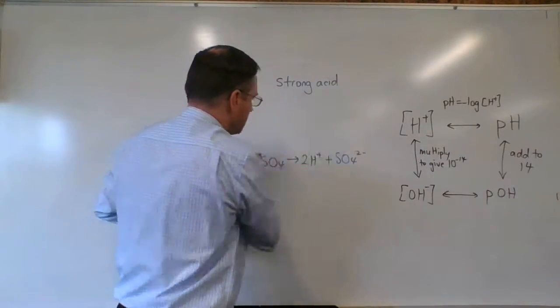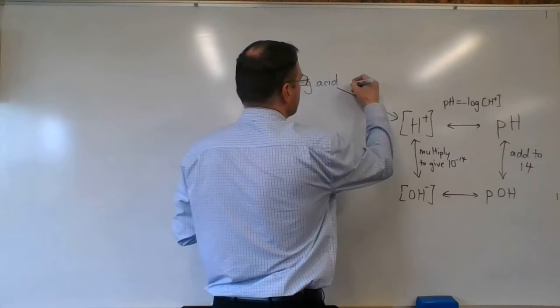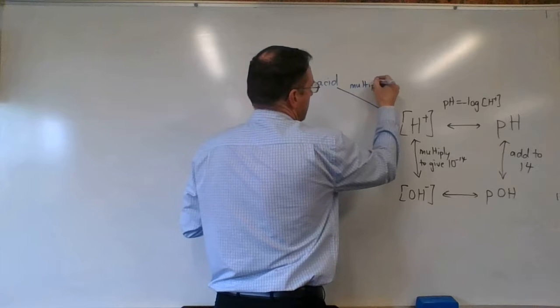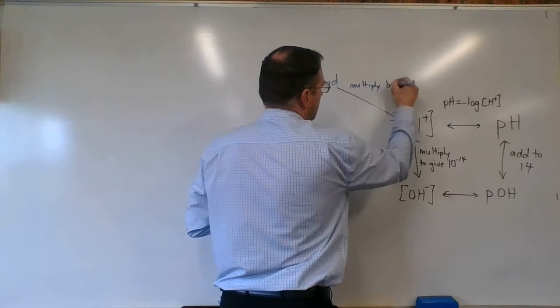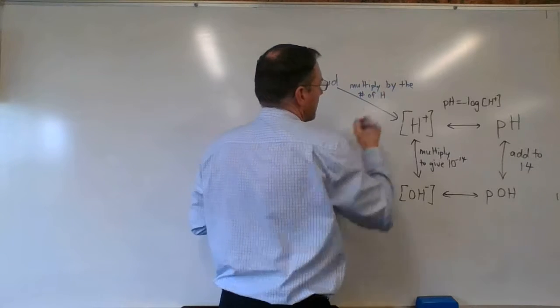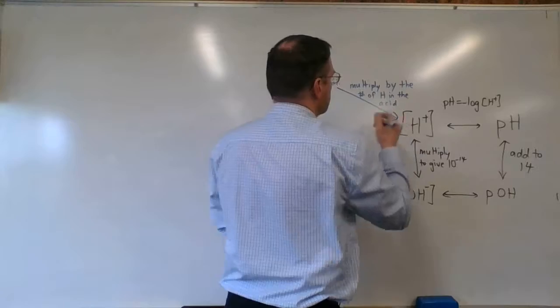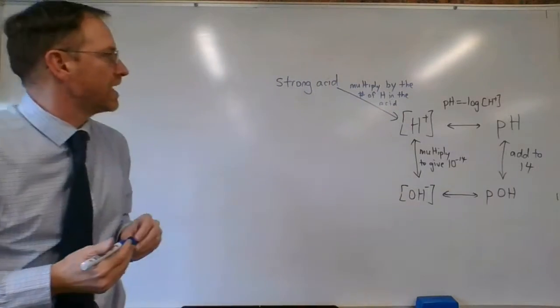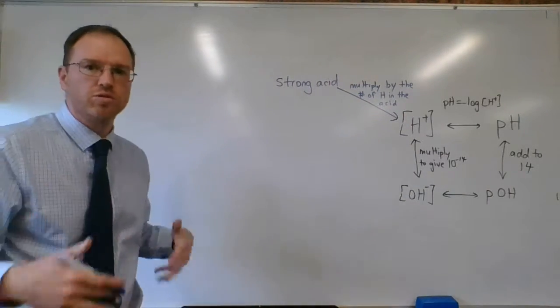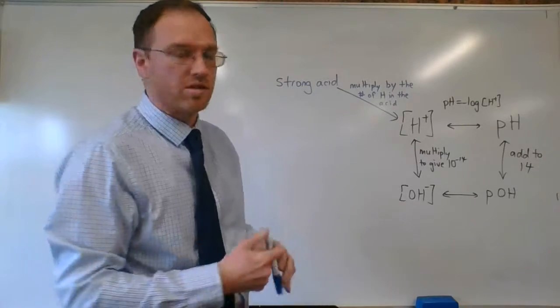So for a strong acid, what are we actually doing? We multiply by the number of H in the acid. So you multiply it by the number of hydrogens in the acid. That's going to be multiplying it by 1 or 2 or 3 if it was triprotic. But it's got to be strong so that it's fully dissociating.